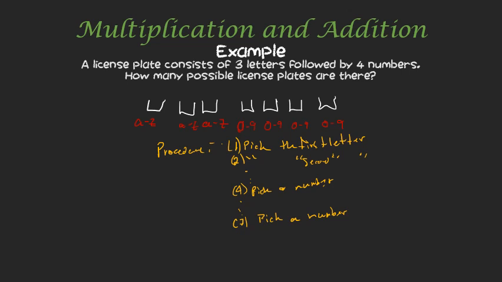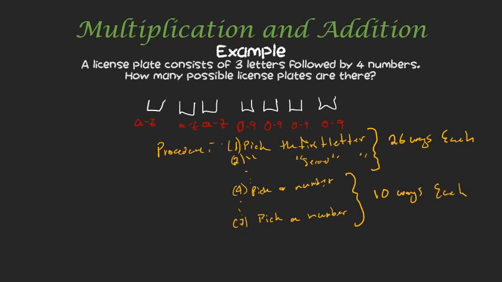Well, how many ways are there to do each task? Well, the first 3 of them, I pick a letter. How many letters are there? Let's assume we're using the English alphabet. There are 26 ways each. And then how many ways are there to pick a digit? To pick a number for those 4 slots, there's 10 ways to do that, 0 through 9, 10 ways each.